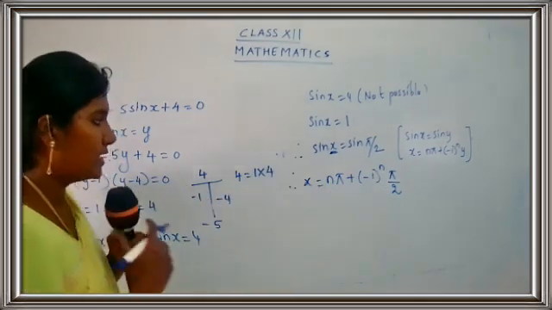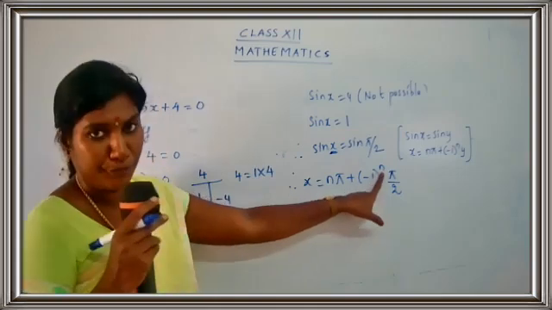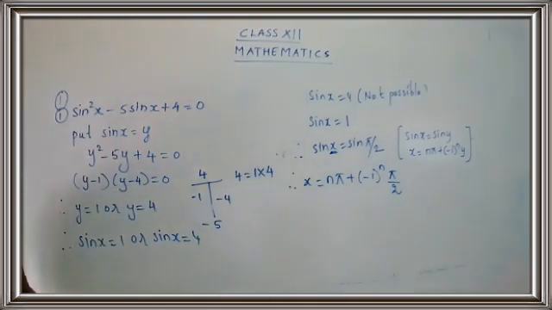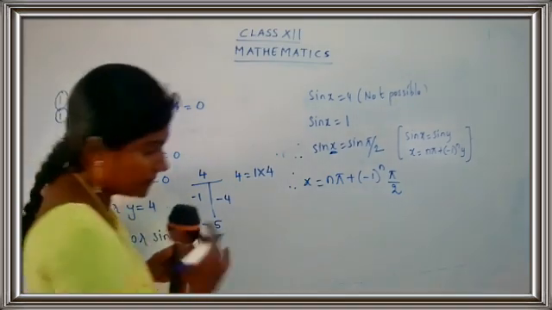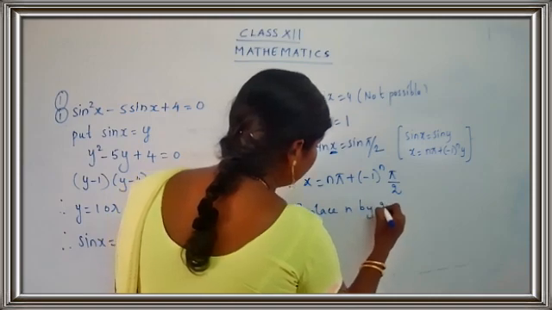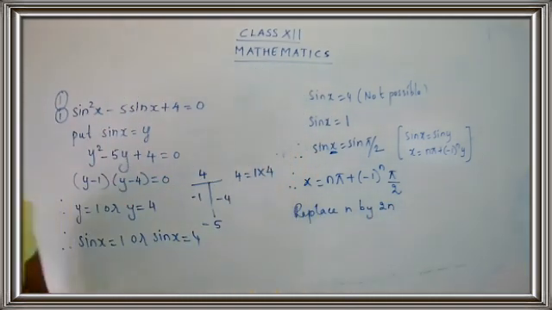Now what I am going to do is replace this n by 2n. Wherever you have n, you are going to replace it by 2n. So let's replace. Write down: replace n by 2n. So what do you get here?